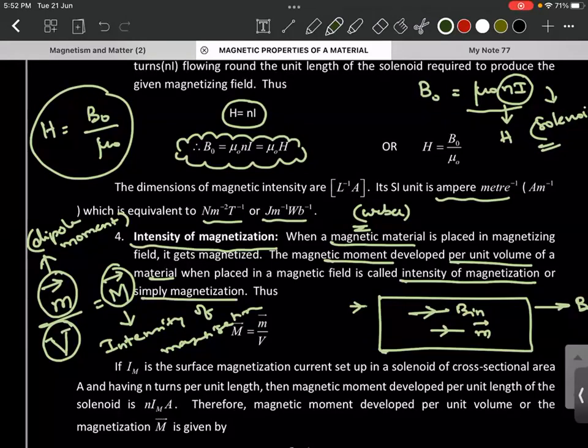If I take a unit volume of this material, and I am able to calculate the amount of dipole moment created in it and divide it by that volume, then that is what is called magnetization.